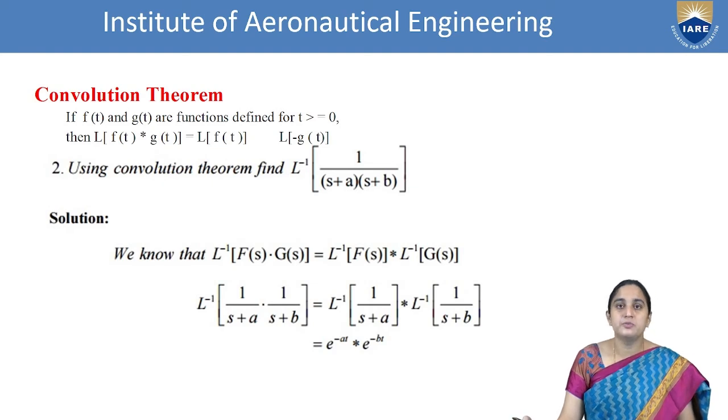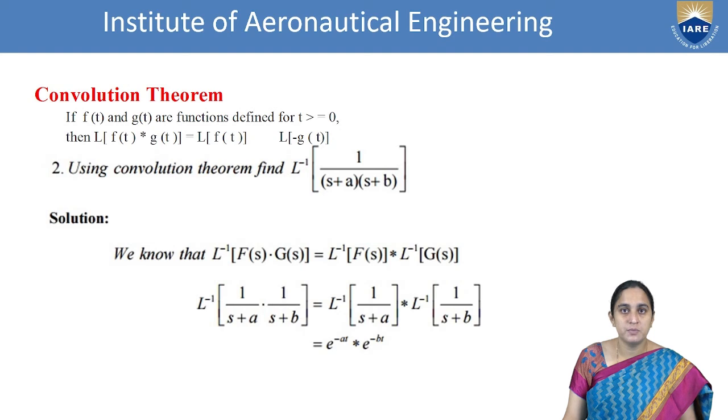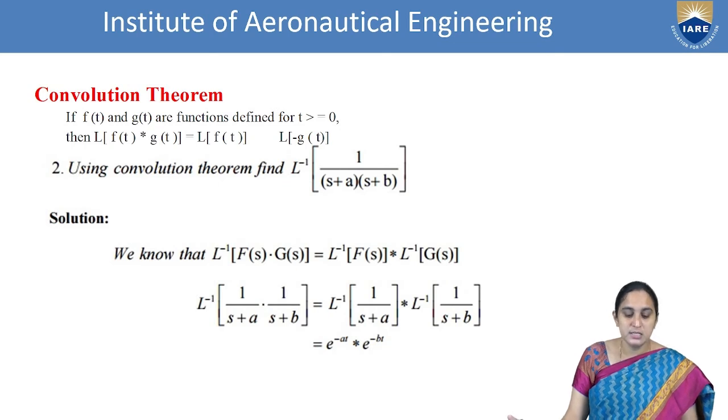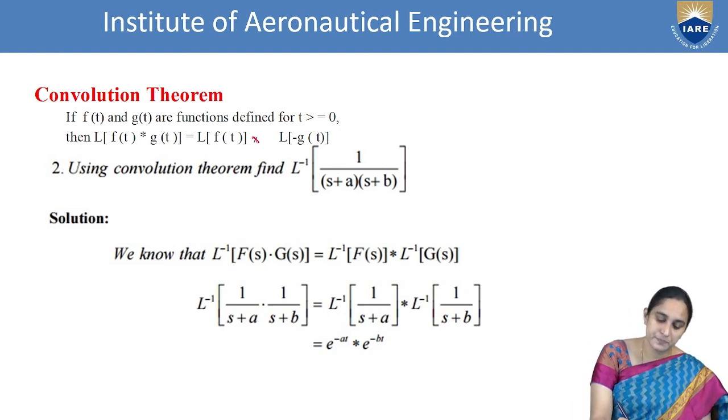Next, convolution theorem. What is the concept of the convolution theorem here? If f of t and g of t are functions defined for t greater than or equal to 0, then Laplace of f of t star g of t, where star is the convolution operator, is given by Laplace of f of t times Laplace of g of t.